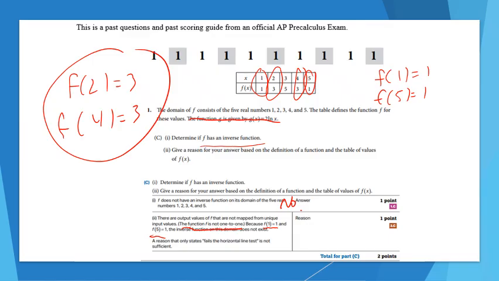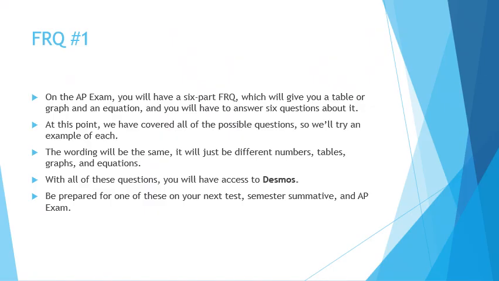The inverse function does not exist, something along those lines. But notice here it says a reason that only states it fails the horizontal line test is not sufficient to get credit. So this is one question where AP is a little picky at times, but rightfully so. And so just make sure that you have the correct wording for this type of question.